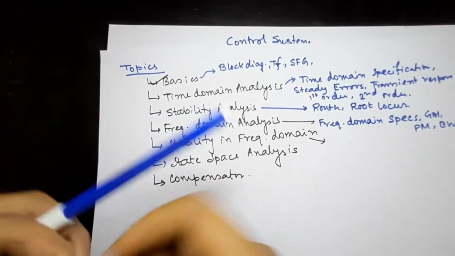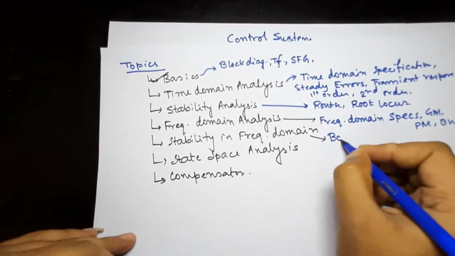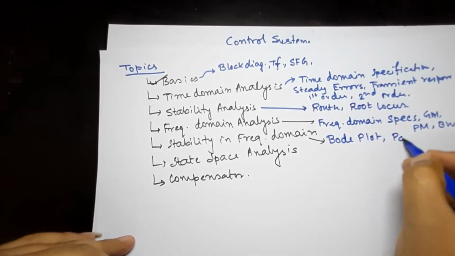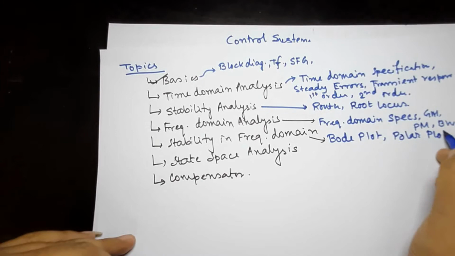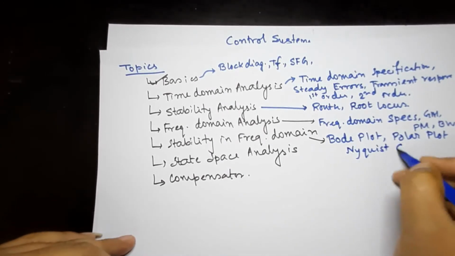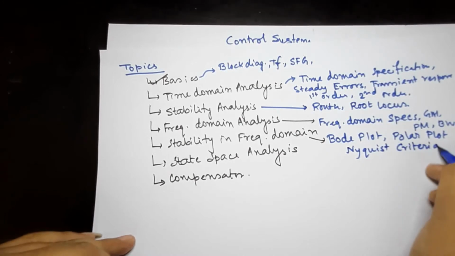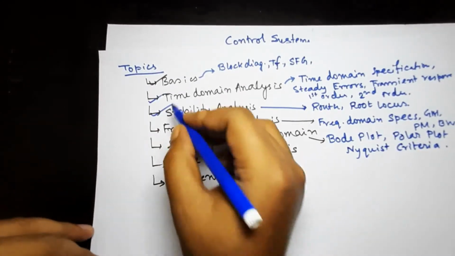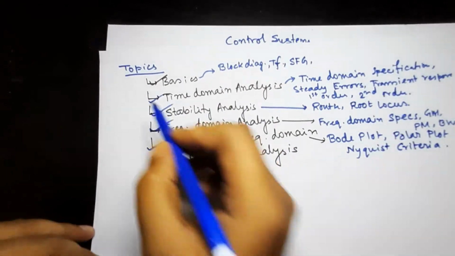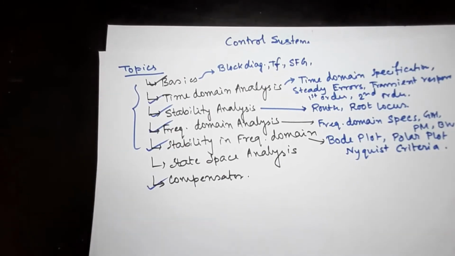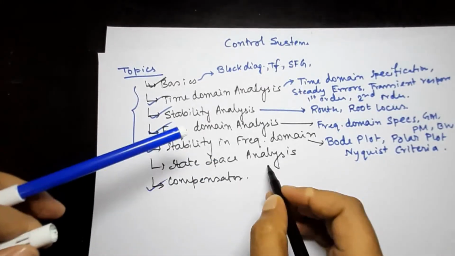These are mainly three things: Bode plot, polar plot, and Nyquist criteria. Okay, all these things will be in transfer function domain. Okay, and compensator also. After that, we will jump to state space analysis.